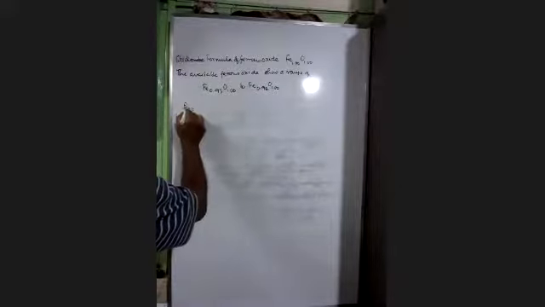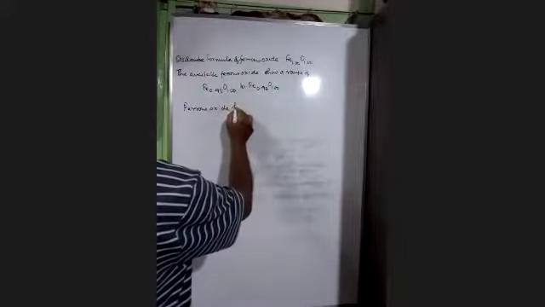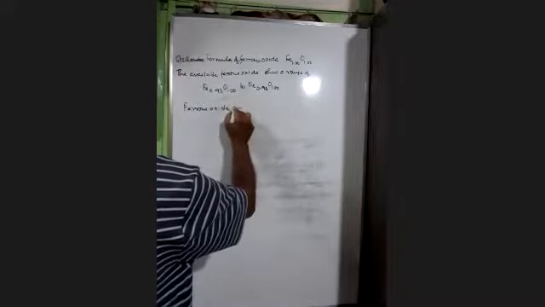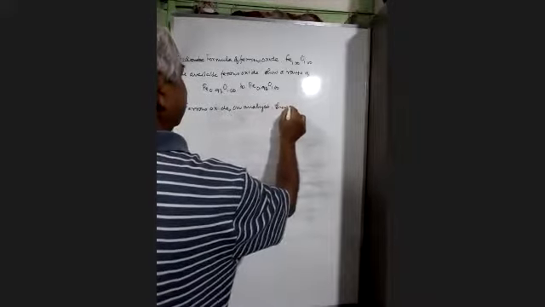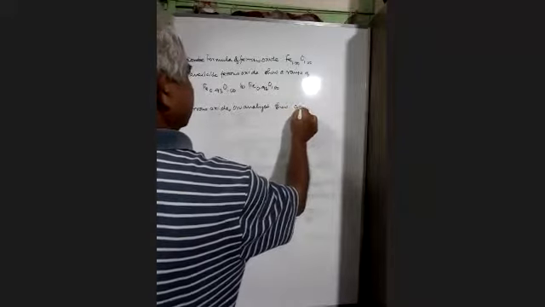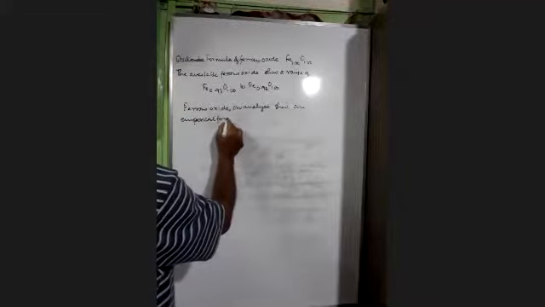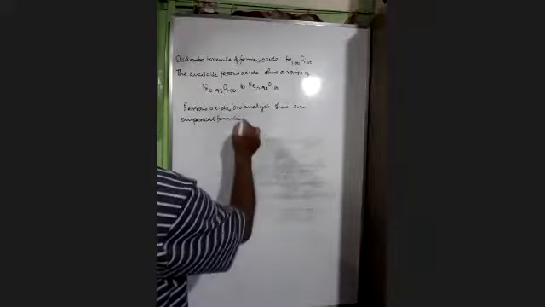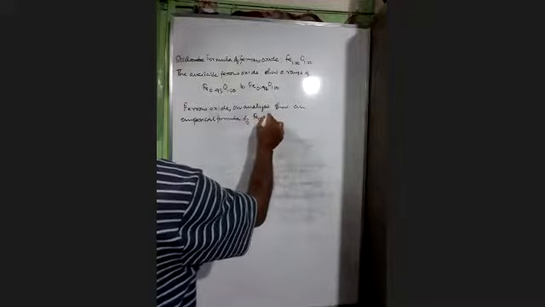So let me write here: ferrous oxide on analysis shows an empirical formula of Fe0.96 O1.